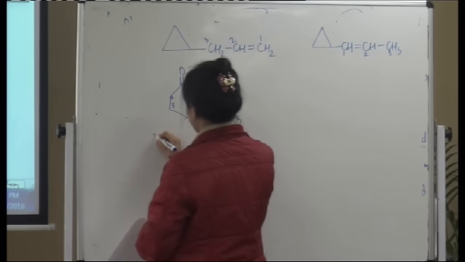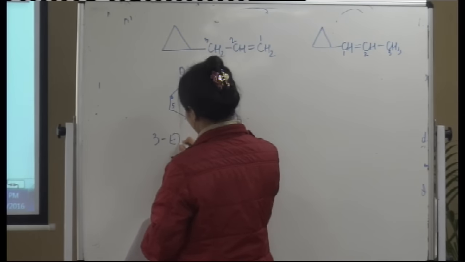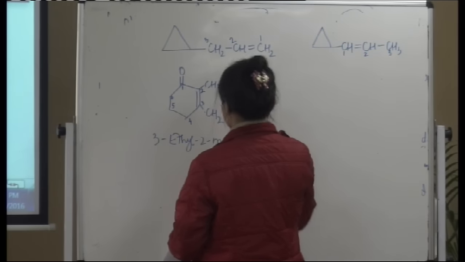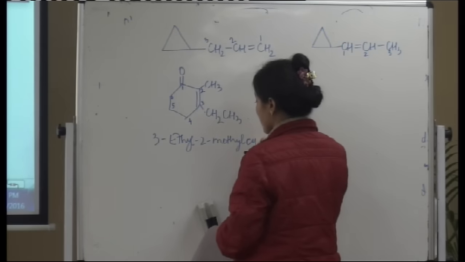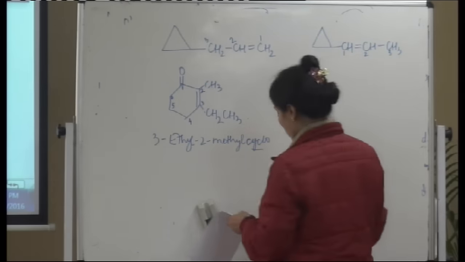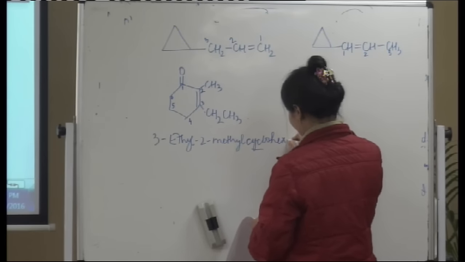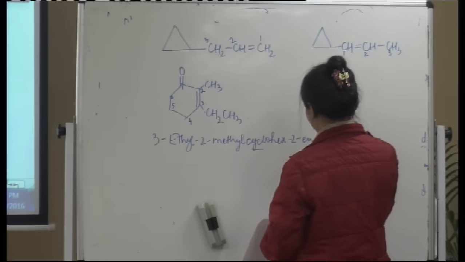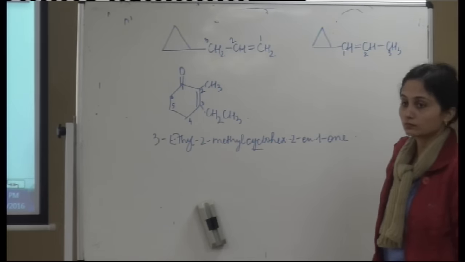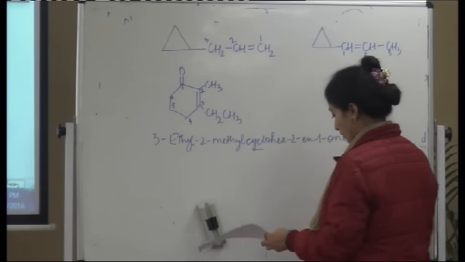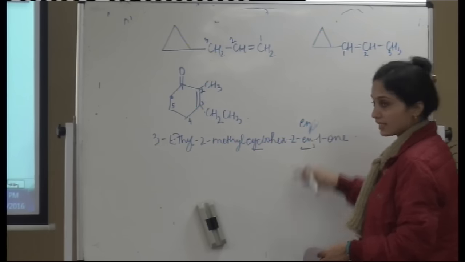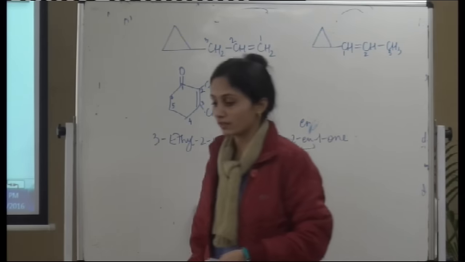So this will be named as 3-ethyl, 2-methyl, alright. Cyclo is missing. Sometimes you tend to forget about the cyclo when you have to write it out. So cyclo, hex, very good, 2-ene, 1-one. And remember that whenever this ene is put here, do not put the final E; that E is missing.